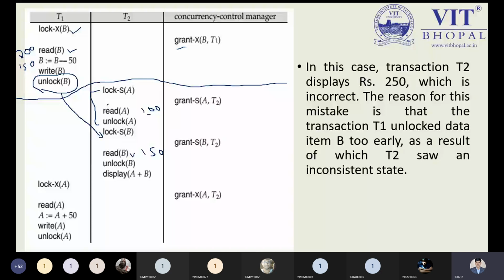So this is my point. Definitely, what we have done over here is first unlock, and the value of B was already updated, that is 150. Now I can write like this, and from this point, oh sorry, just let me remove the necessary point.